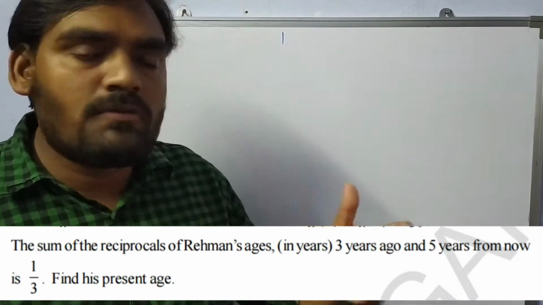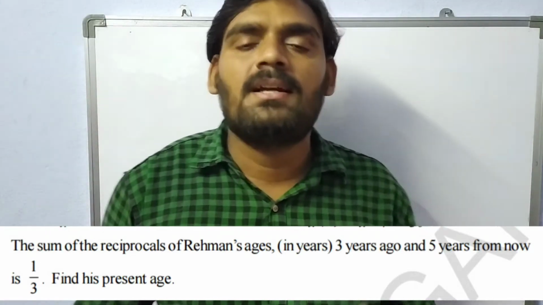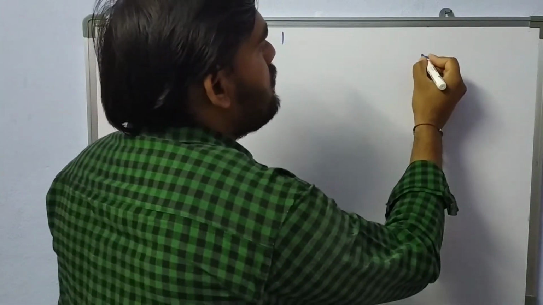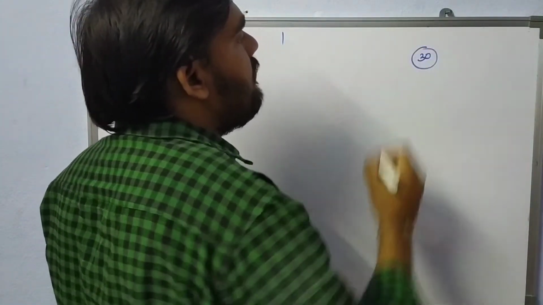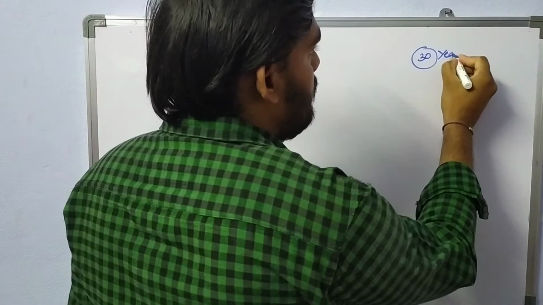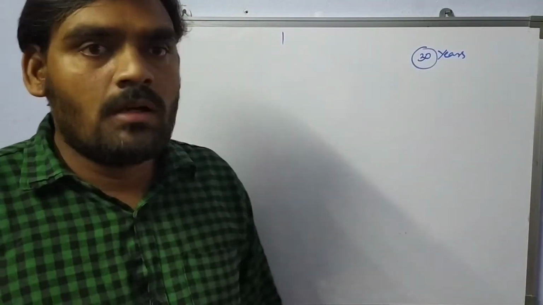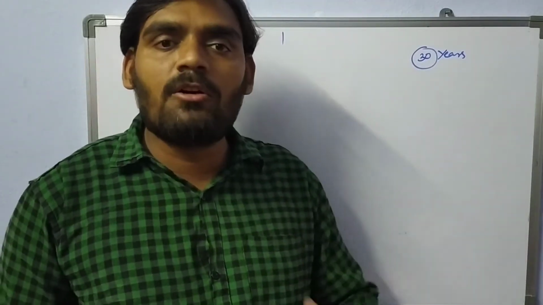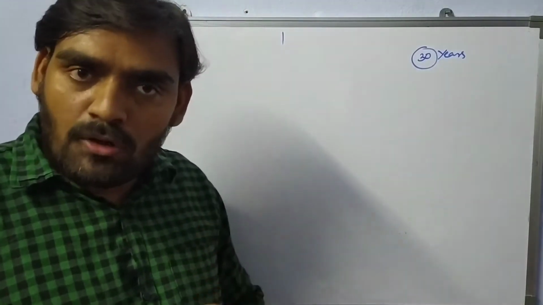Before we find the present age of Rahman, take one example. Suppose the present age of Rahman is 30. At that time, 3 years ago, what would be his age? 3 years ago is nothing but 3 years before.